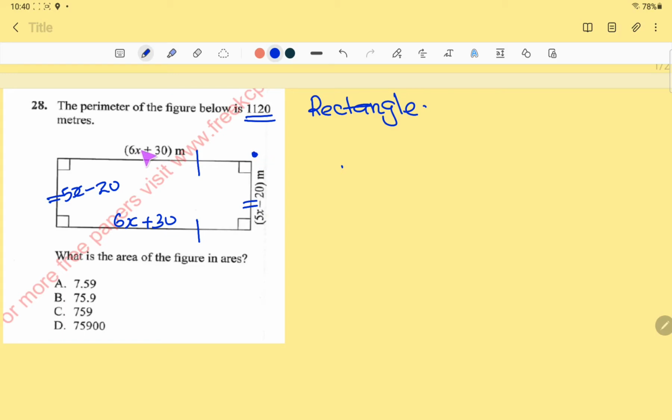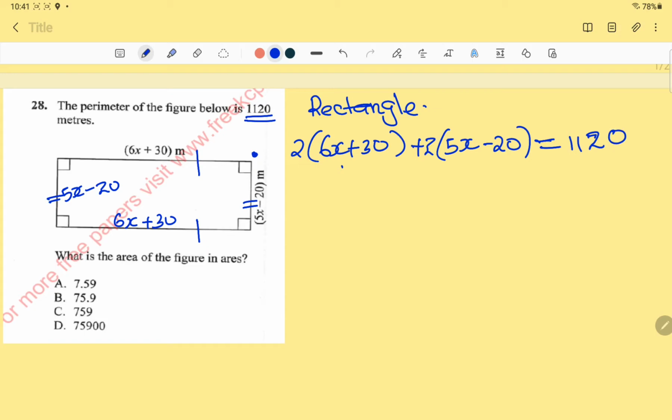Therefore we can say that 6x plus 30 multiplied by 2, because you have this side and this side, you add 5x minus 20, then multiply by 2 again because we have two sides, should give us 1120.